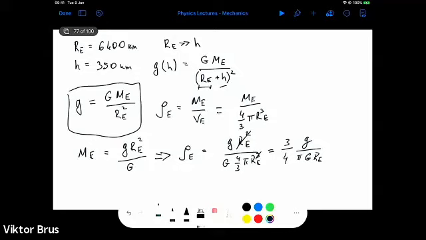So this is the way you can get the density of the planet, which from first point of view is not such a trivial task. Definitely it's some average density, because the mass in the Earth is not uniformly distributed, but some average density of the planet can be obtained from application of the universal gravity law.